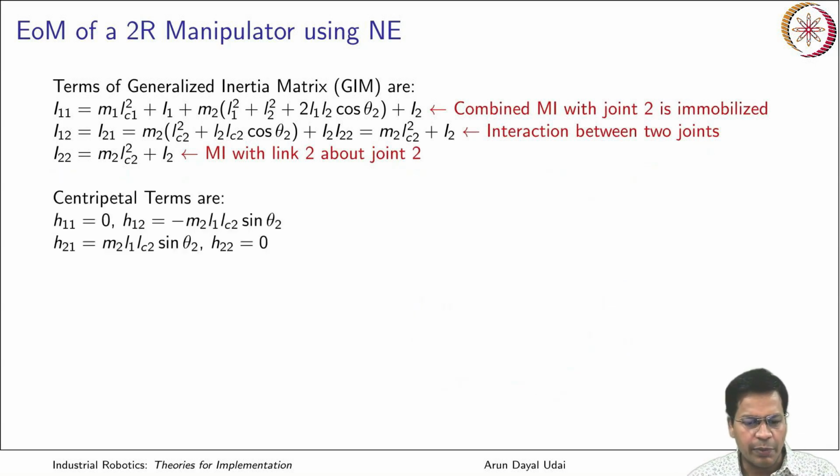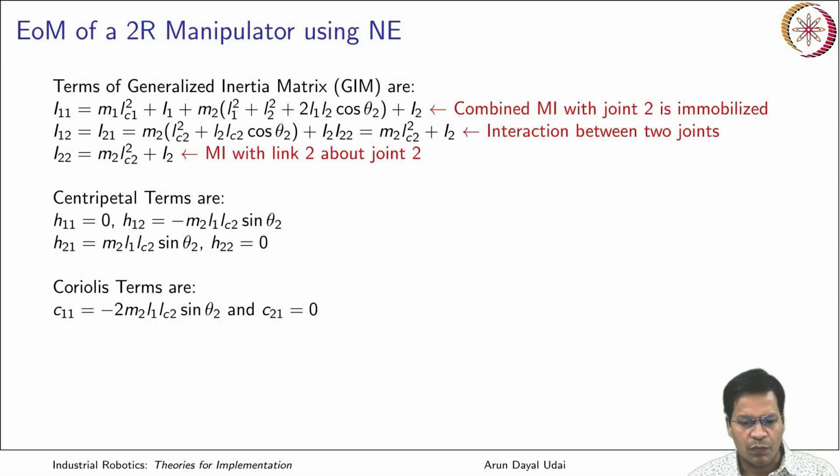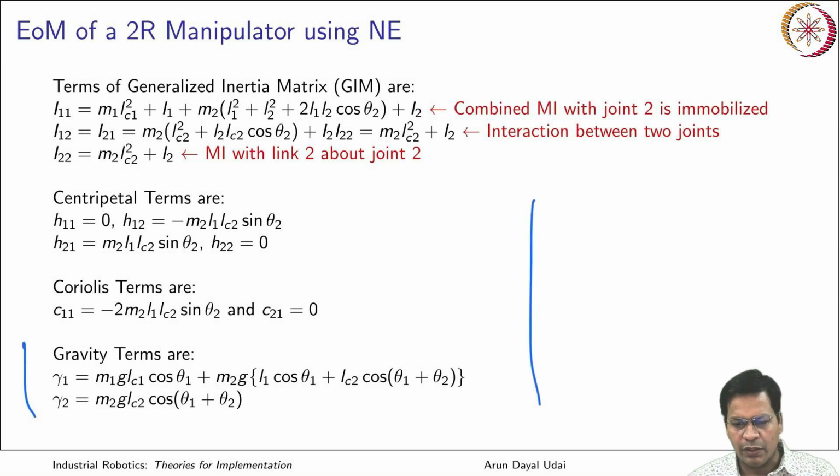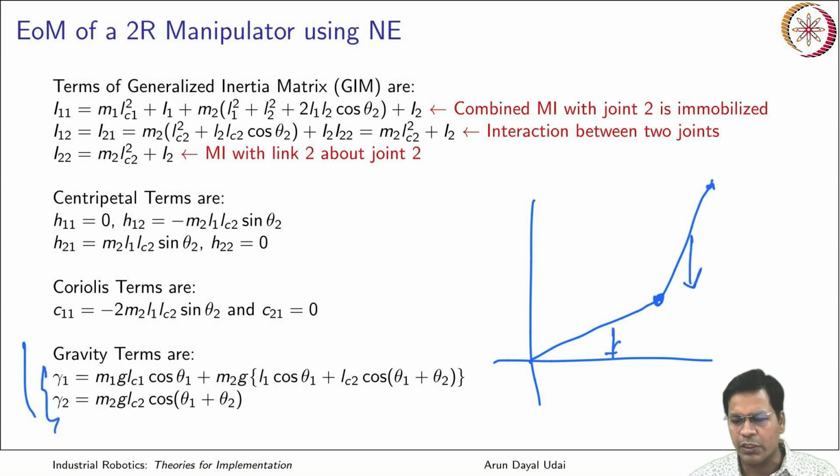Centripetal terms are these. Similarly, the Coriolis terms come out exactly the same as we obtained using the Lagrange-Euler formulation. The gravity terms we have also seen earlier. This is the effect of the center of mass getting pulled due to gravity, and this is the torque that you will see even when the system is not in motion.